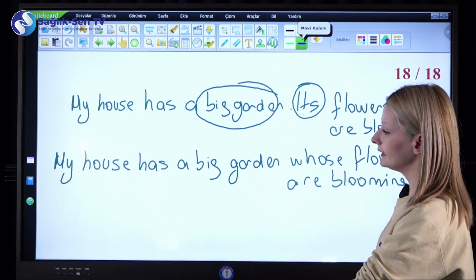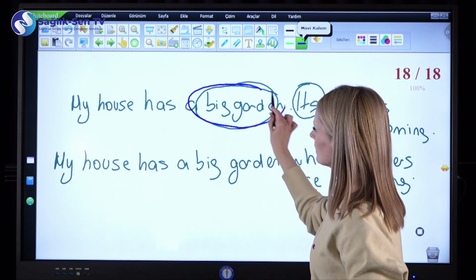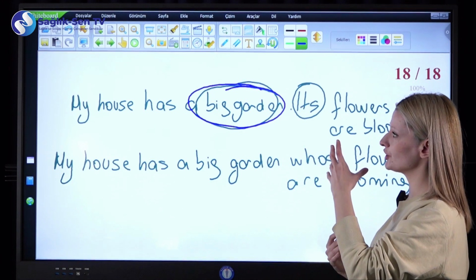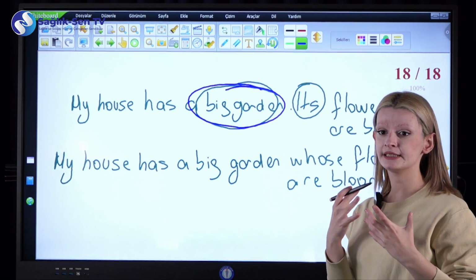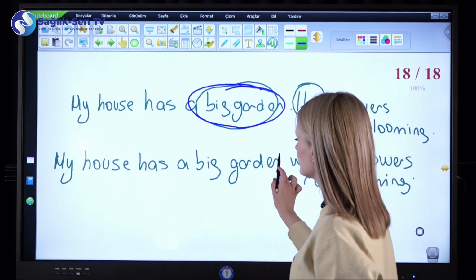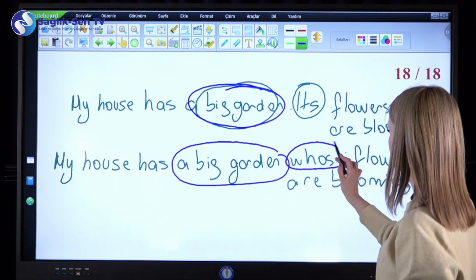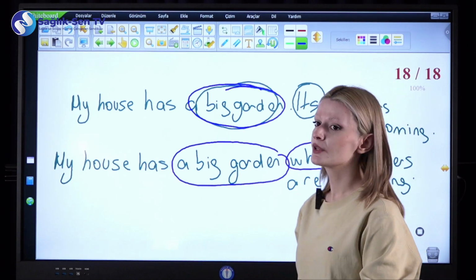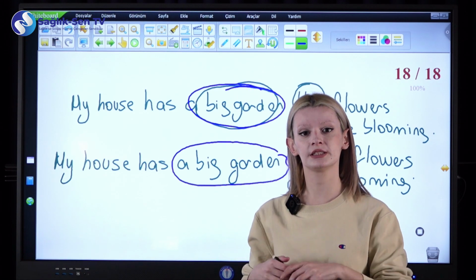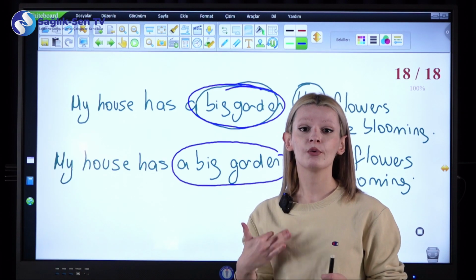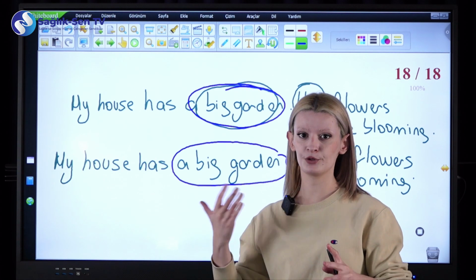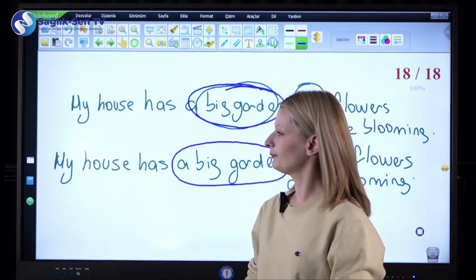So, this time, the thing that I'm defining and the object that has a possessive meaning is not in the subject position. My house has a big garden whose flowers are blooming. So what we understand from here is that we don't only use whose with people. I can also talk about what objects or things have.